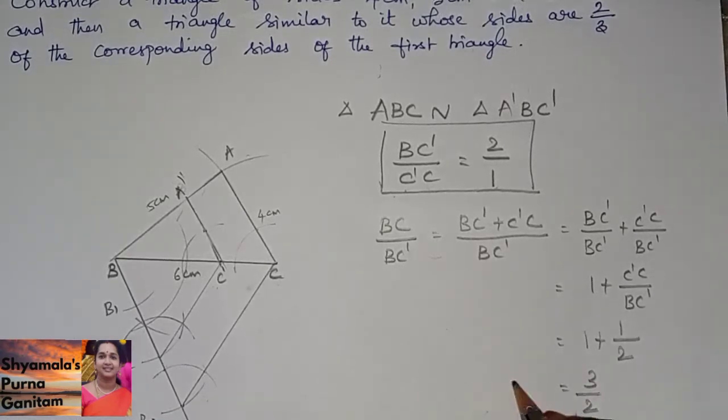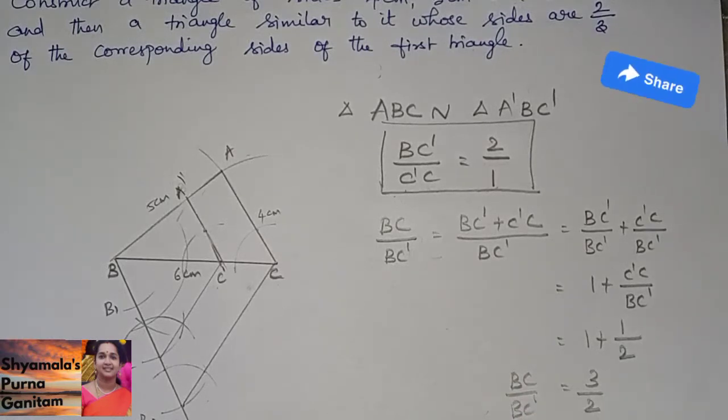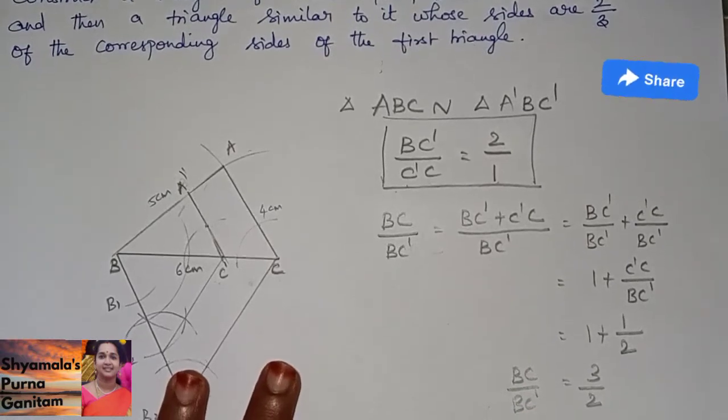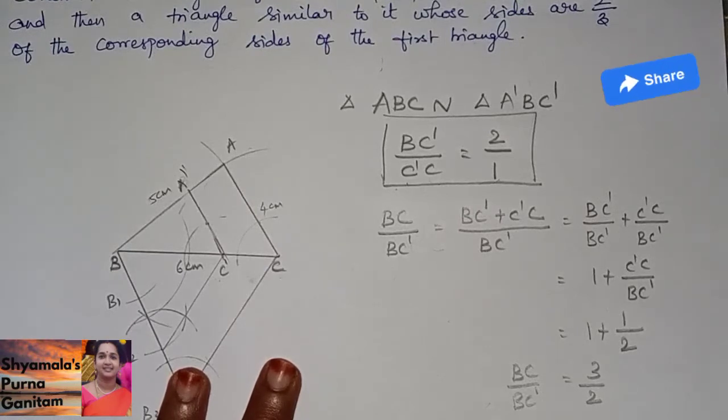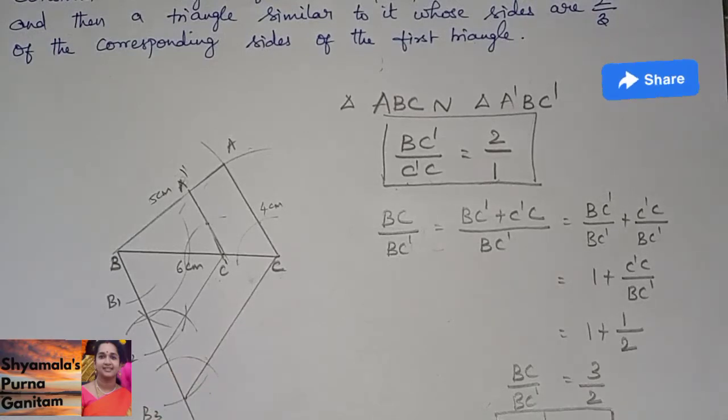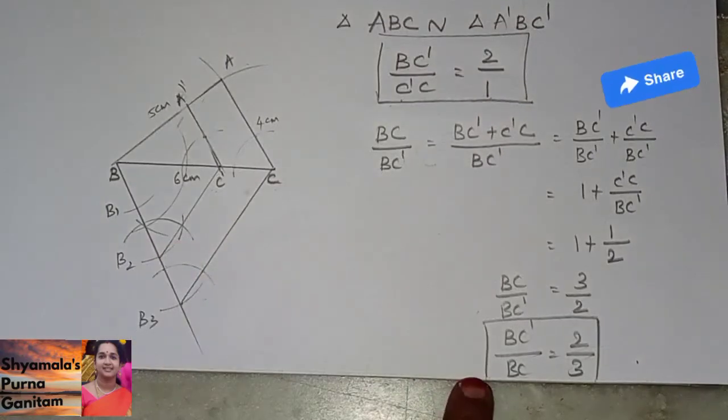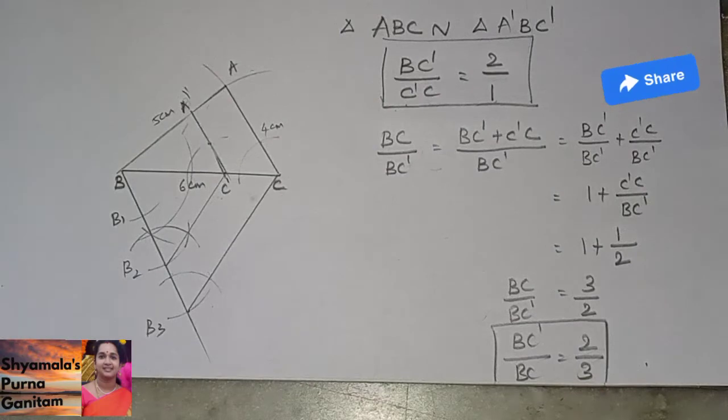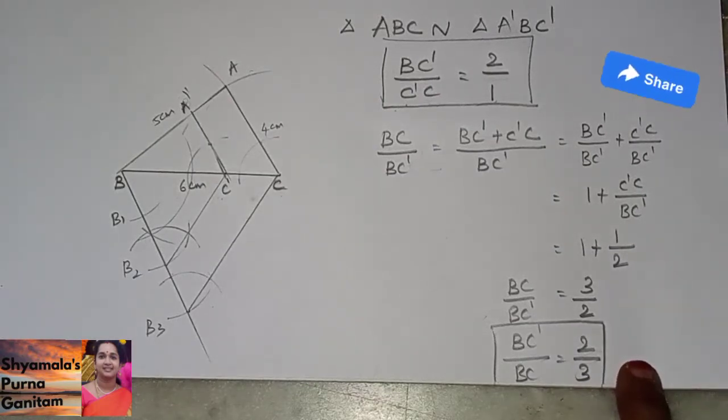That is BC by BC dash is equal to 3/2. When we find the reciprocal of this, BC dash by BC is equal to 2/3. So this is for one side.